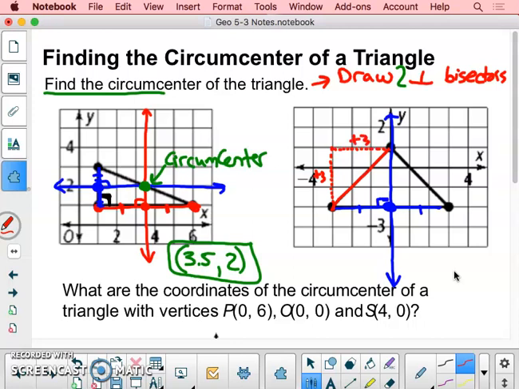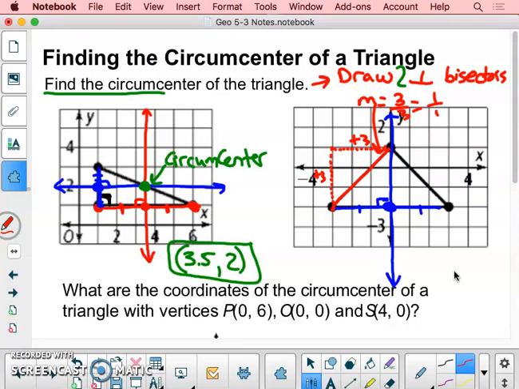So this red line has a slope of 3 over 3, or 1 over 1, up 1 over 1. We'll come back to that in a second. Here's a little trick on a graph to find the midpoint then. I can go up half as much, so instead of going up 3, I can go up 1.5.